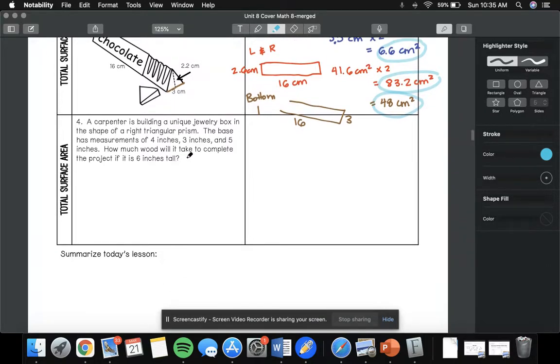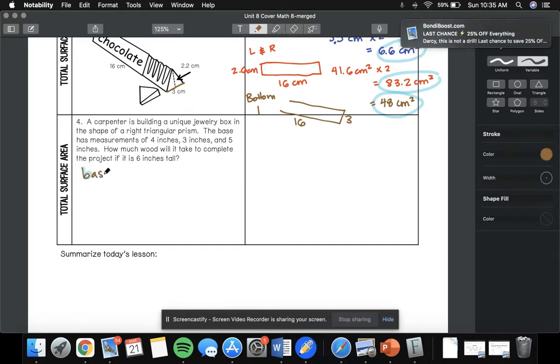Okay, last problem. A carpenter is building a unique jewelry box in the shape of a right triangular prism. Okay, the base, which is a triangle because it's a triangular prism, has measurements of 4 inches, 3 inches, and 5 inches.